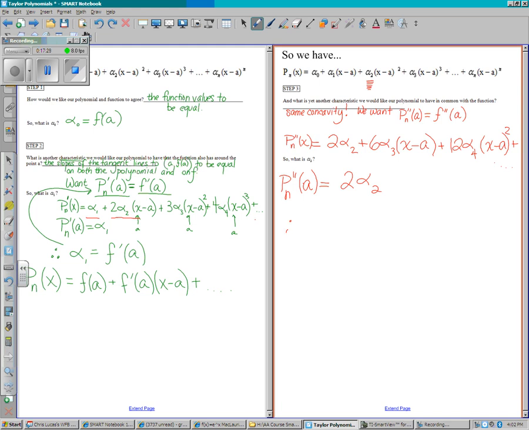So if the second derivative of the nth degree Taylor polynomial at a is 2 alpha sub 2, and we want it to be f double prime of a, 2 alpha sub 2 must equal f double prime at a, and therefore alpha sub 2 is f double prime at a all over 2. So it wasn't necessarily what you suspected.